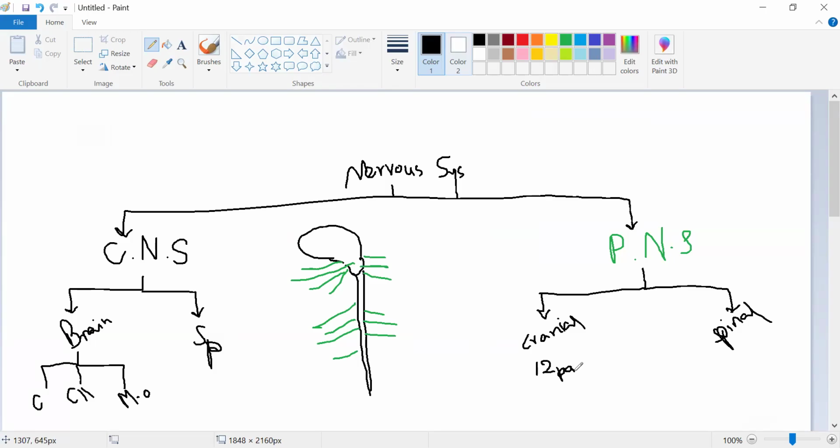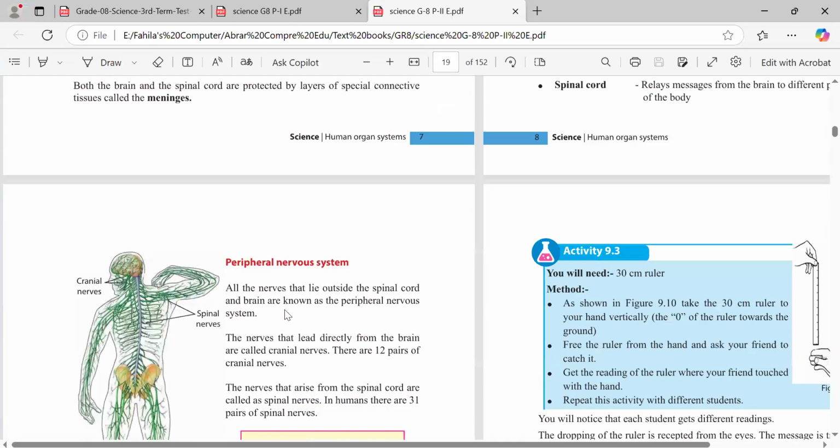Okay, they can ask questions on that. 12 pairs. Spinal, you have how many? 31 pairs, right? So this is the summary of your nervous system. This must be in your head. You must remember these parts.